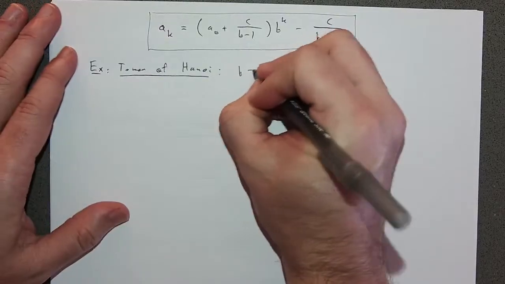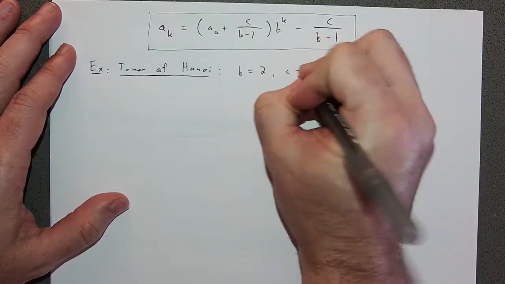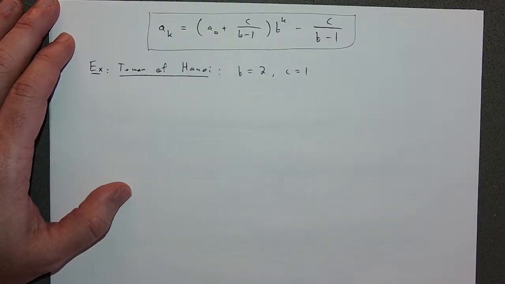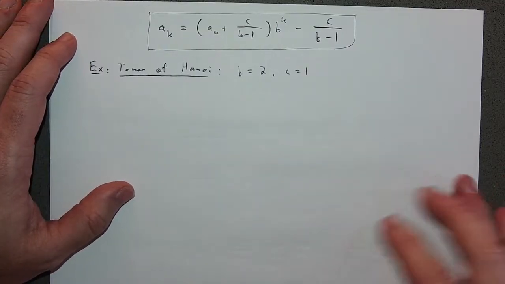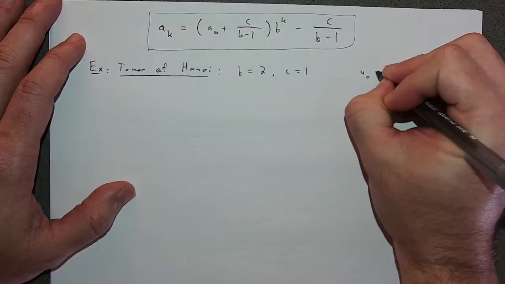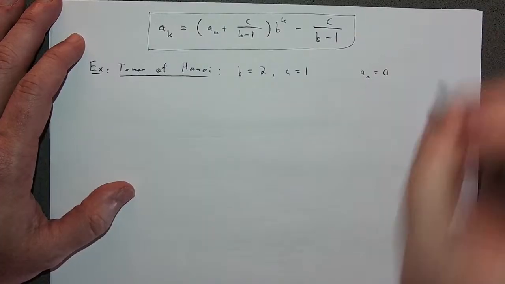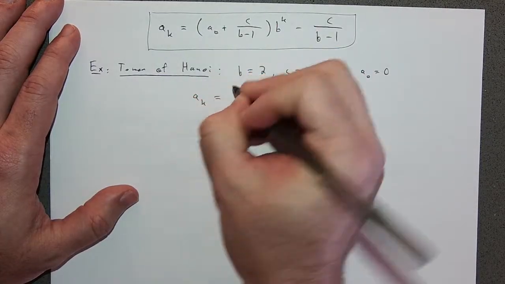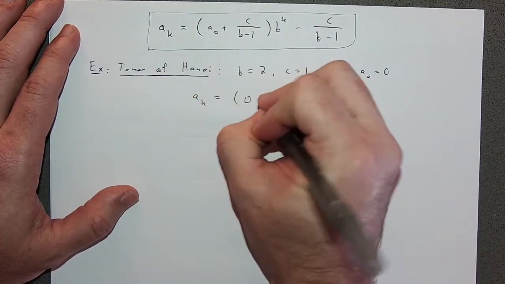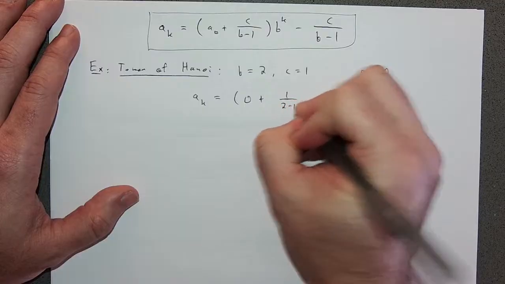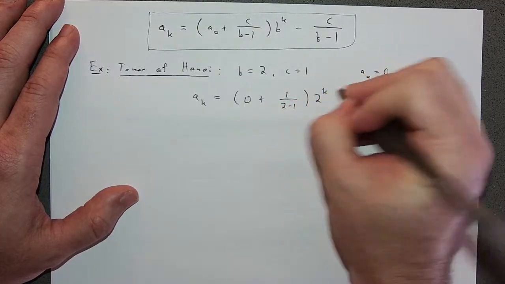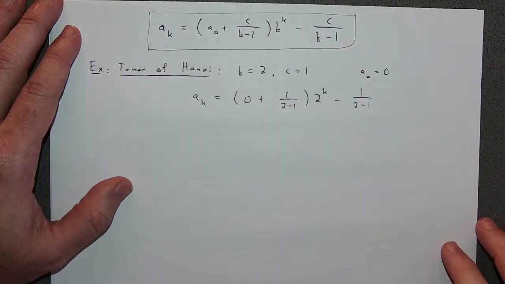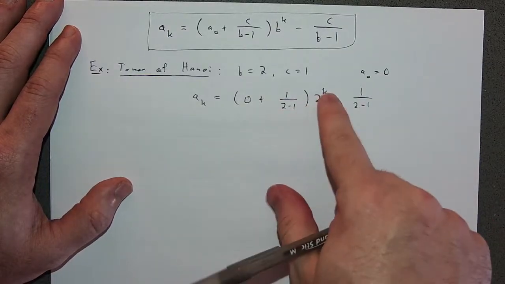So if a naught is set to be 0, a sub k is going to be 0 plus 1 over 2 minus 1 times 2 to the k minus 1 over 2 minus 1. This is 1 over 1, 2 to the k minus 1.